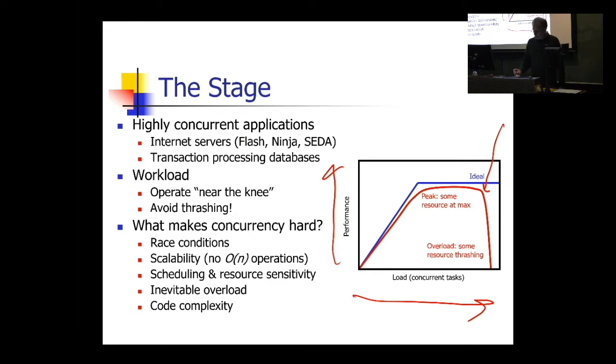Now, typically, as we increase the load, we increase the amount of responses that we get because we've simply got more things to do, so the performance rises. Now, in an ideal world, at some point, the machine becomes saturated and simply can't perform more operations per second than what it can perform when it's running flat out, independent of how much load we keep throwing at it.